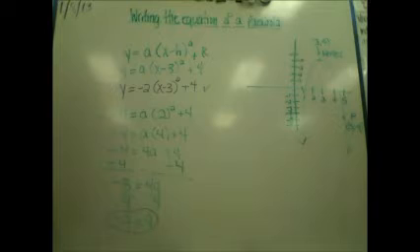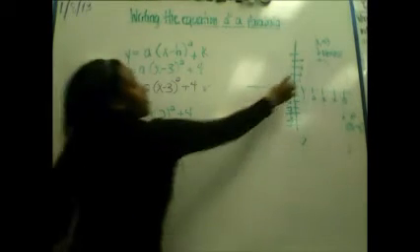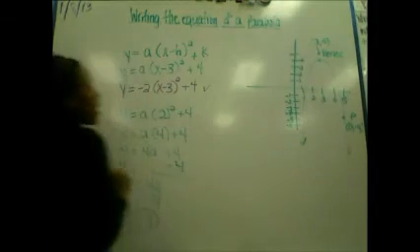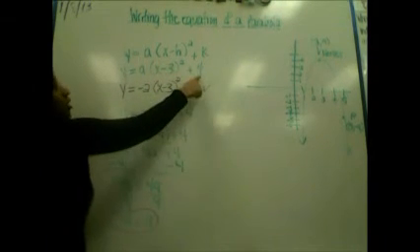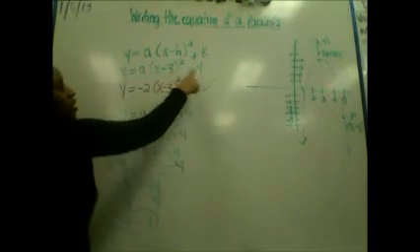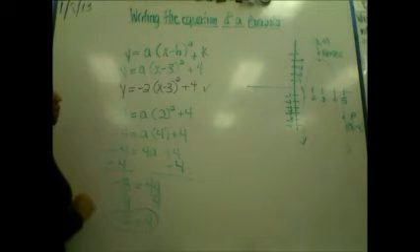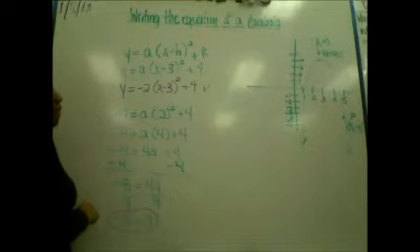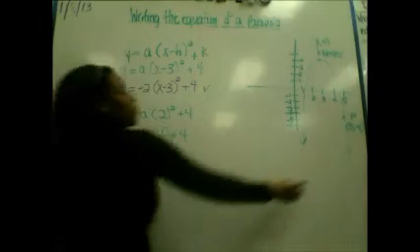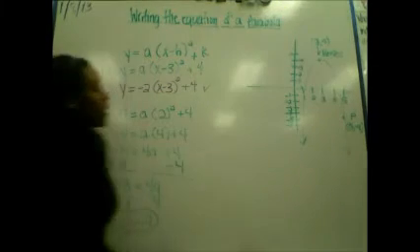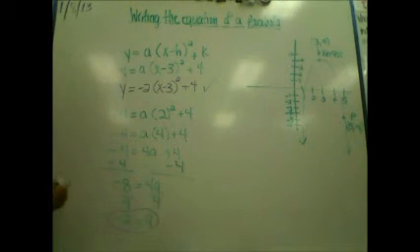So let's go over the steps again. The first step, you take your vertex, 3, 4, and you plug it in for h and k. H is 3, k is 4. After you substitute in 3 and 4, they give you a point P. Remember, P was 5, negative 4.